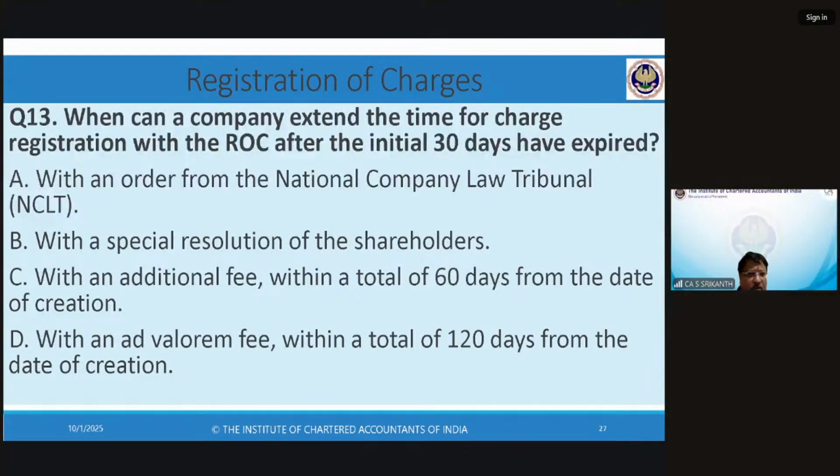Under the Act, no special resolution. After the initial 30 days, be careful. After the initial 30 days only we are talking. So after the initial 30 days, you get another 30 days. So total 60 days. But you have to pay additional fee. After 60 days also you have not done it, then only add $1. So D is not the right answer. B and A are not relevant. C is the correct answer.